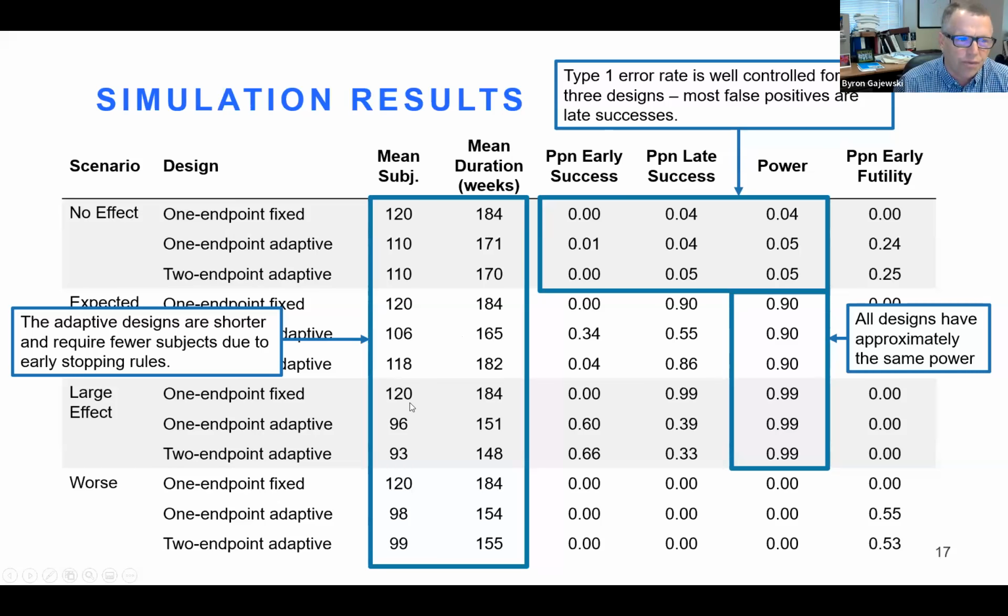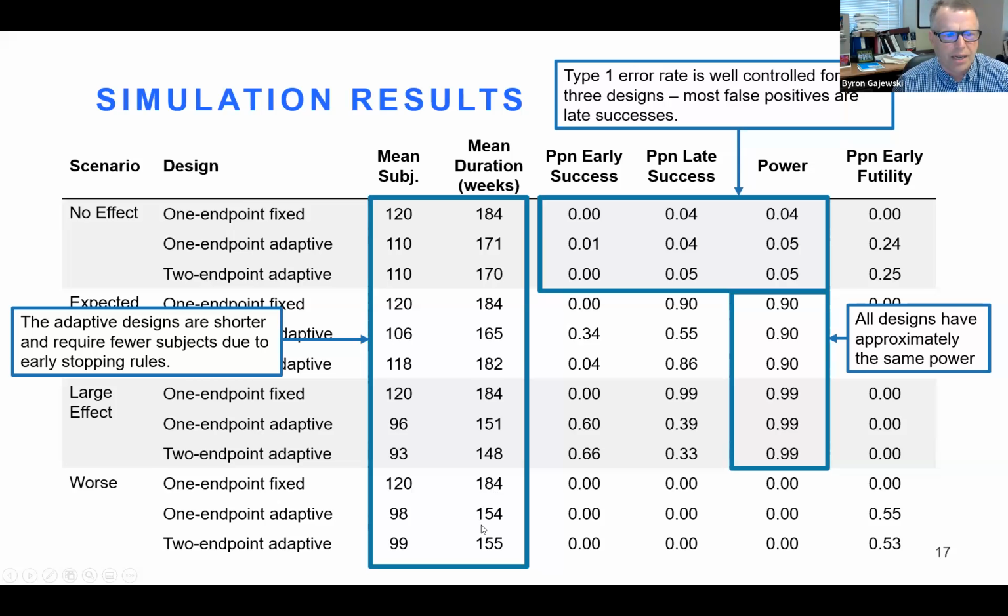However, when you get a large effect, again, the one endpoint fixed looks just like it always has. It's a fixed design. The one endpoint adaptive and two endpoint, you have a nice reduction, about the same improvement under the large effect.